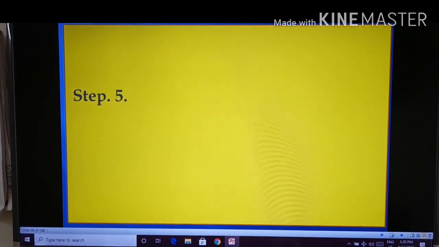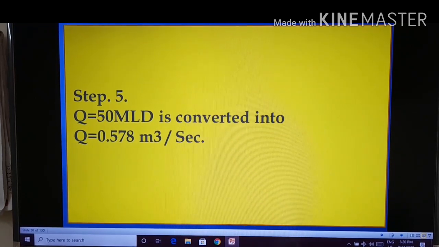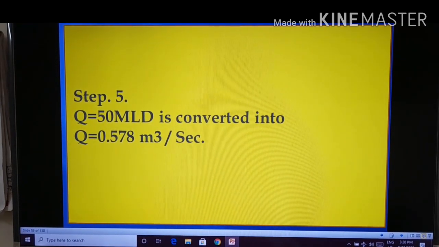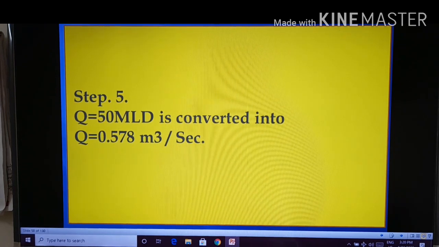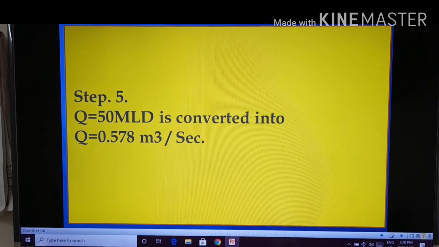Step 5: Q is equal to 50 MLD, which is converted into 0.578 meter cube per second. That means you clearly understand step 4 and step 5, which convert into meter cube per second.